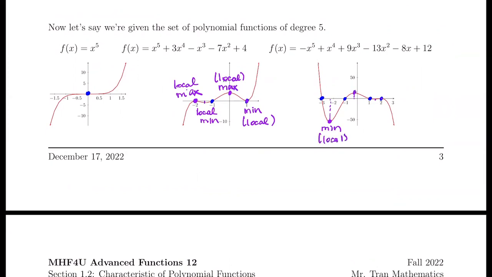This point over here is a maximum value, which is absolute, but it's also local. This one over here is going to be a local minimum. And then over here is going to be a local max. So in total, we would see that we have 4.